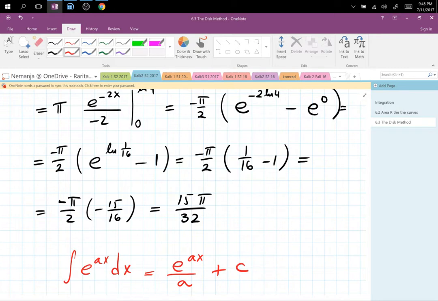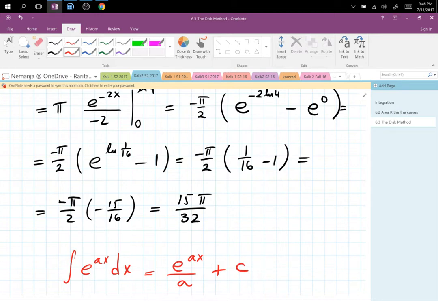And how do you get the ln of 1 over 16 anyway? That's 4 to the negative 2. The negative 2 goes in as the exponent. Would that be ln 16 then? No, it's not 4 squared, it's 4 to the negative 2.